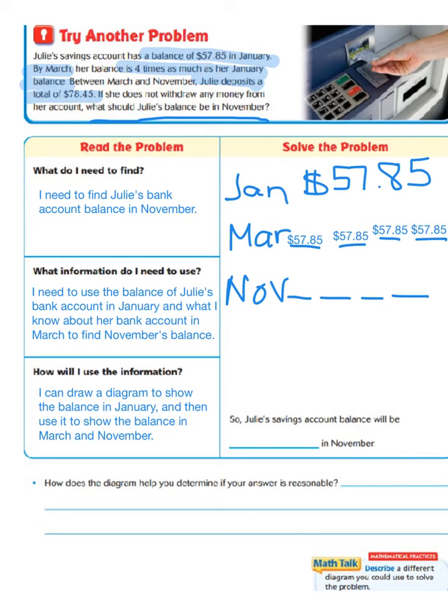Now, the one thing different is that she deposits a total of $78.45. So we know that is going to be added. Once we figure out the total for our 4 blanks, we're going to add $78.45 to that.